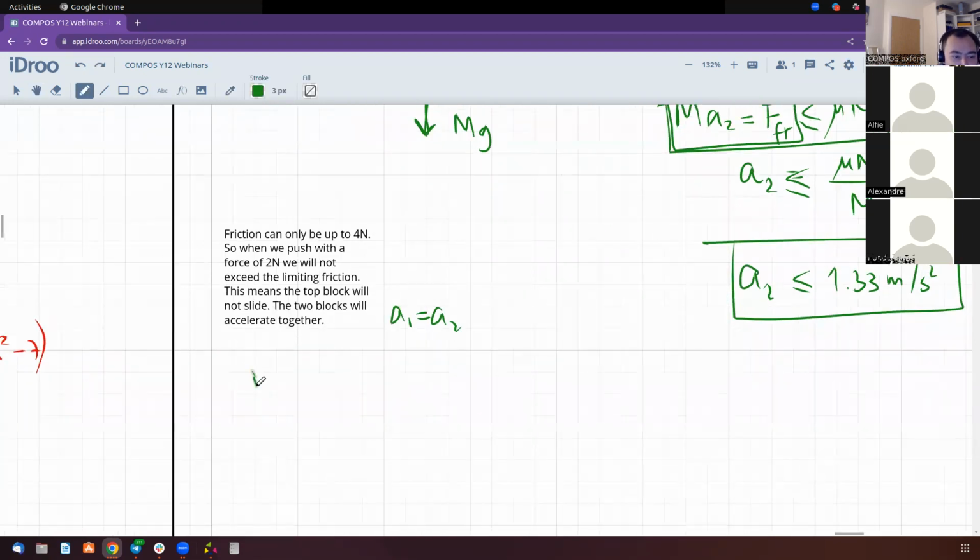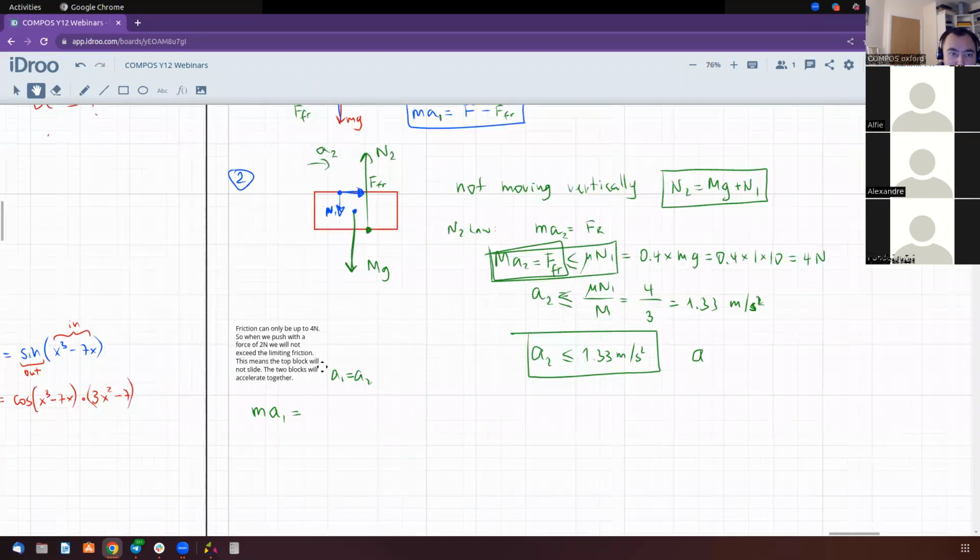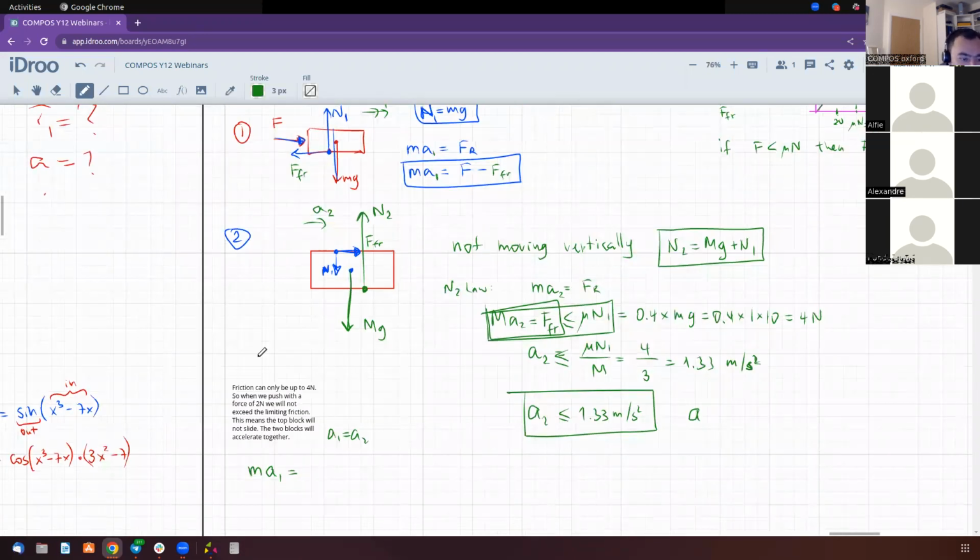So we have m A1 is equal to the pushing force minus friction, and m A2 is equal to the force of friction.